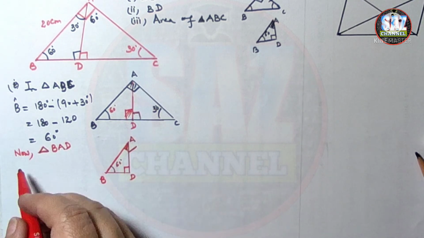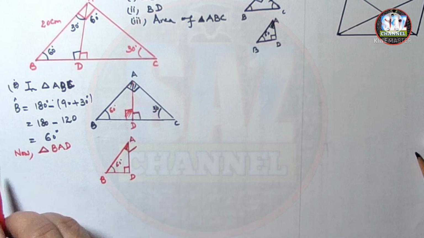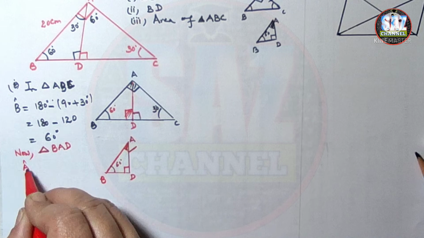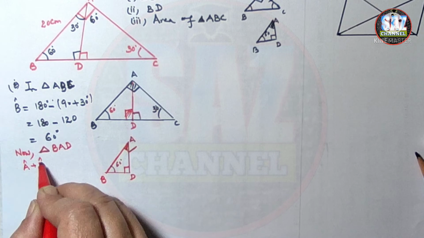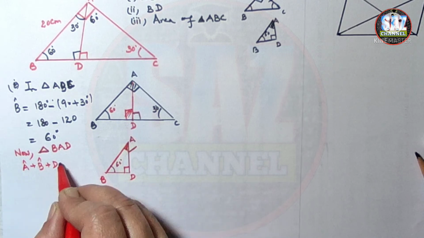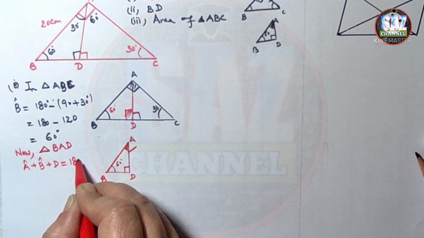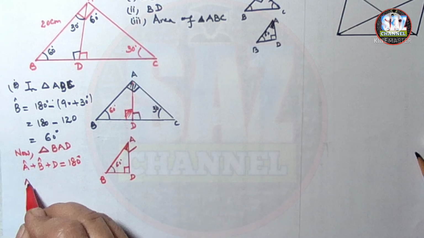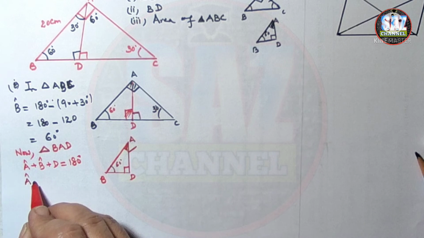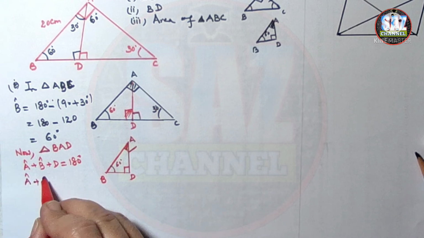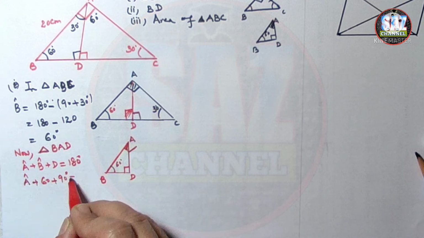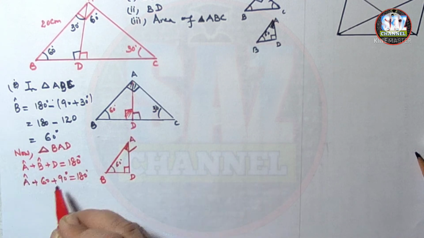BAD, and now we have angle A plus B plus D equals 180 degrees, the sum of interior angles of a triangle. A we do not know, but B is 60 degrees and D is 90 degrees, equals 180.